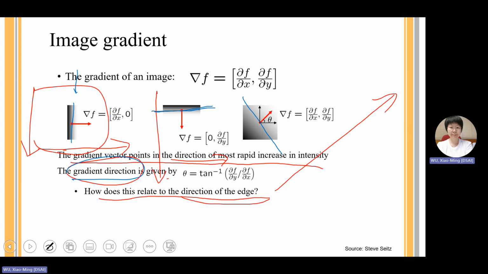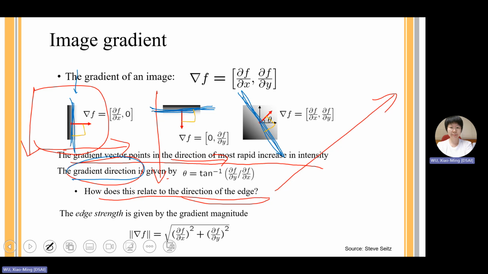They are orthogonal. The direction of the gradient is perpendicular to the direction of the edge.